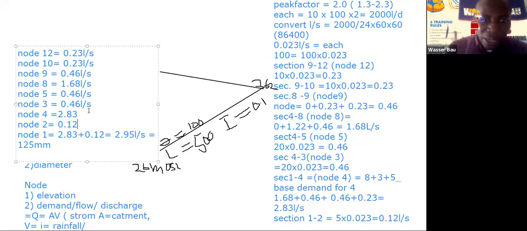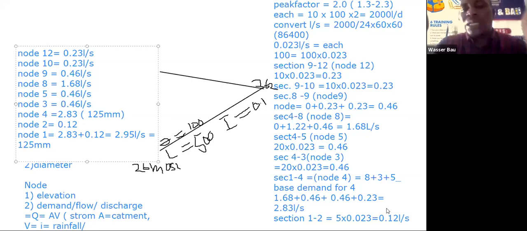I will know that node 4 will also be the same thing. No, from experience, you could see what it is. Then 0.46, I'll go to my chart and go to 0.46. Now there's no 0.46, the minimum you have here is 1. So it means the limitation of this chart is a discharge of 1 liter per second.